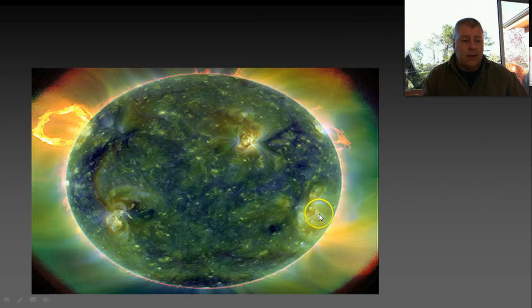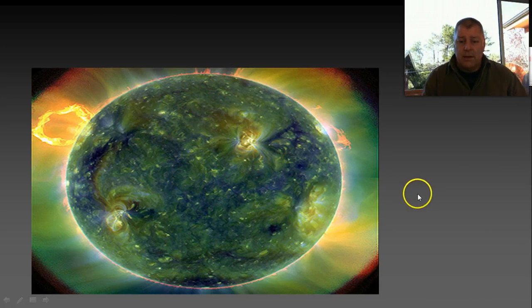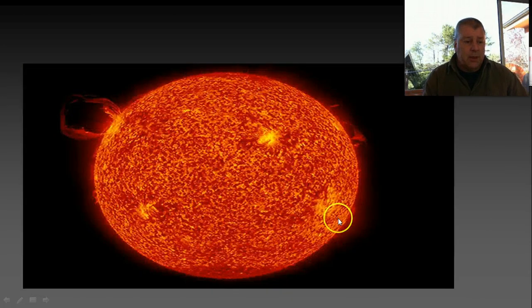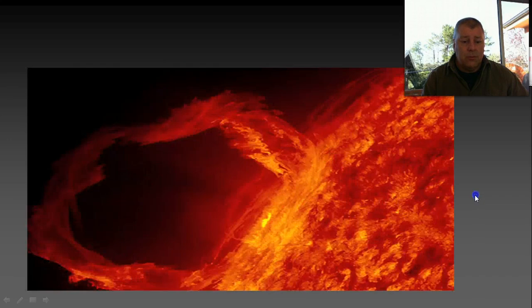This is what the sun now looks like, and you can even go onto the web and get high resolution images of this. It's swirling masses and solar flares coming off all over the place. Very active and dynamic place. And some more images of the sun, quite spectacular. Well worth having a look, and you'll see some on the video as well.